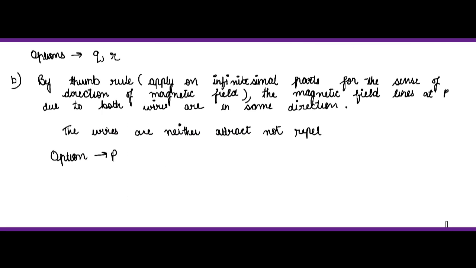So now you can write here in the C part, by applying thumb rule, the magnetic field at P due to both wires. As we did earlier in the A part, this is the same as here.